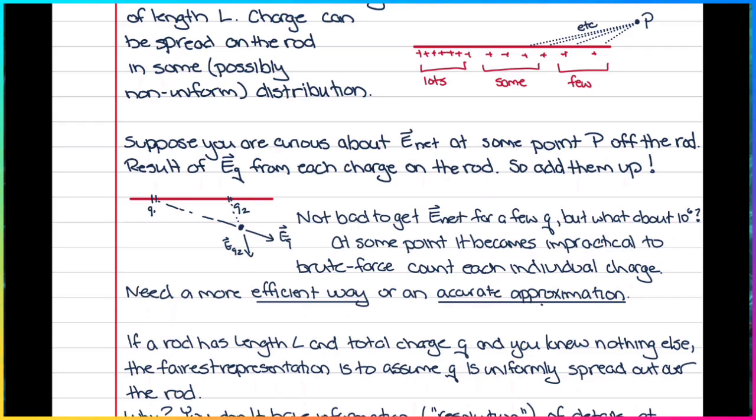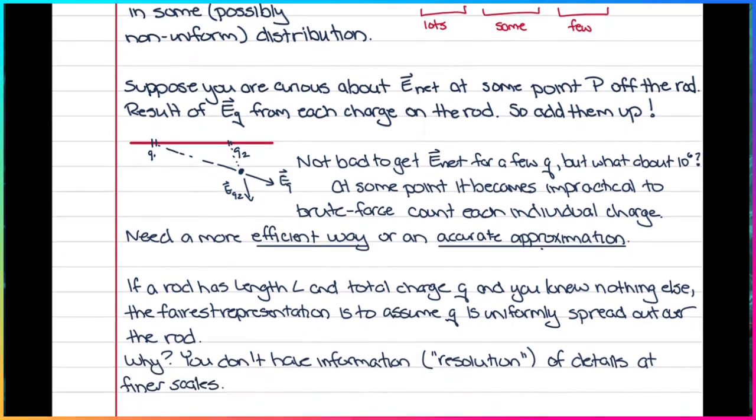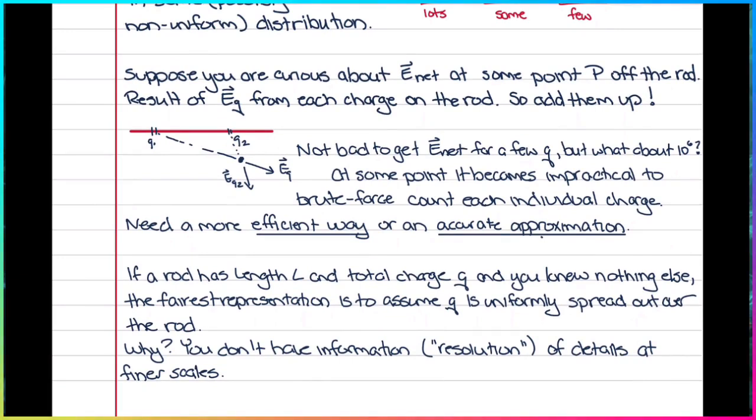We need some way of efficiently doing this, and we want, of course, this to be an accurate approximation. If we are making an approximation, of course, we want it to be accurate. Or if we can convince ourselves that we are actually getting the true right answer, then that's great too. And ideally, it's efficient in that we can do it in some meaningful way, and you're not sitting there calculating 10 to the 6 vectors to add together.